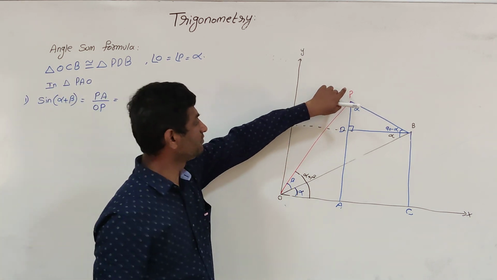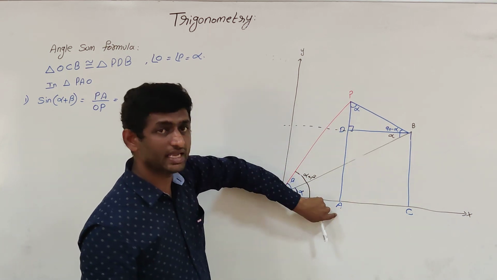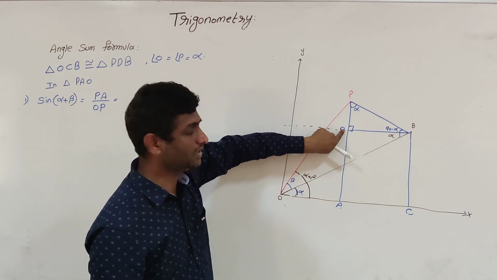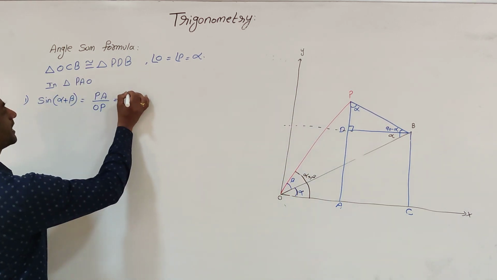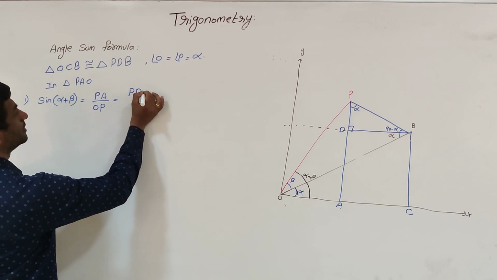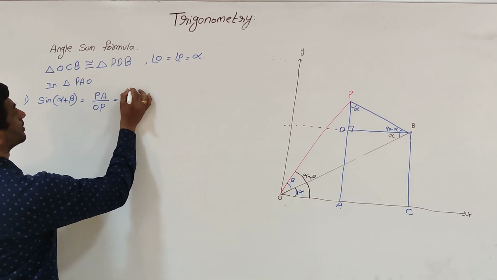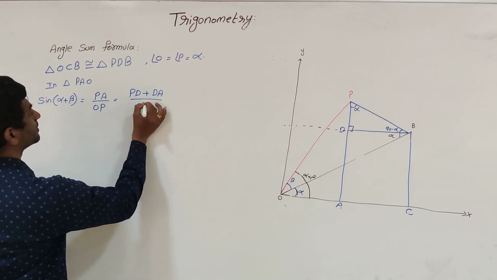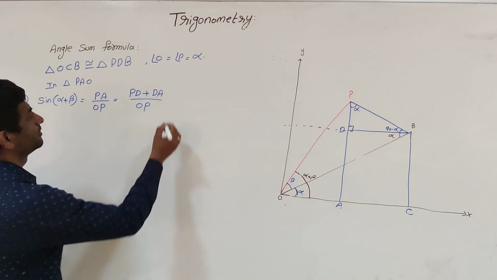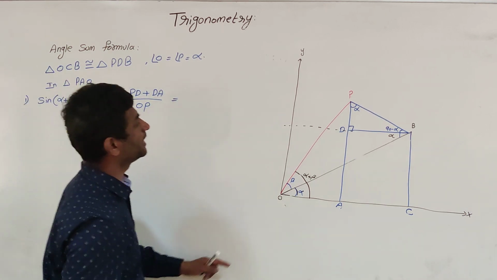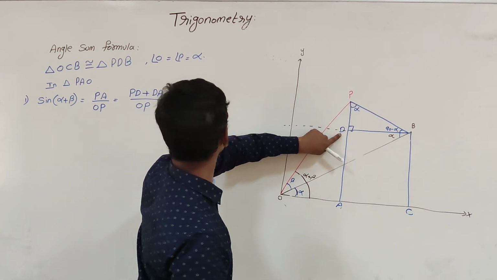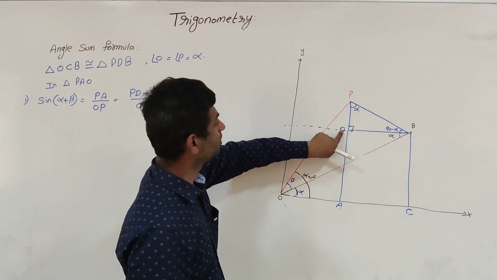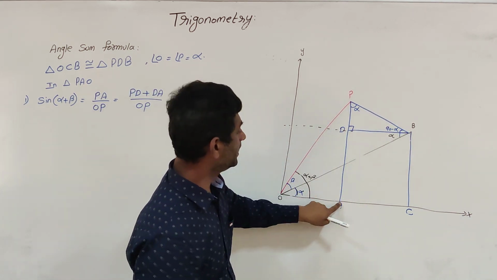But if you observe PA, the length of PA can be split in two lengths, that is PD and DA. Means PA can be written as PD plus DA by OP, and we can separate them.